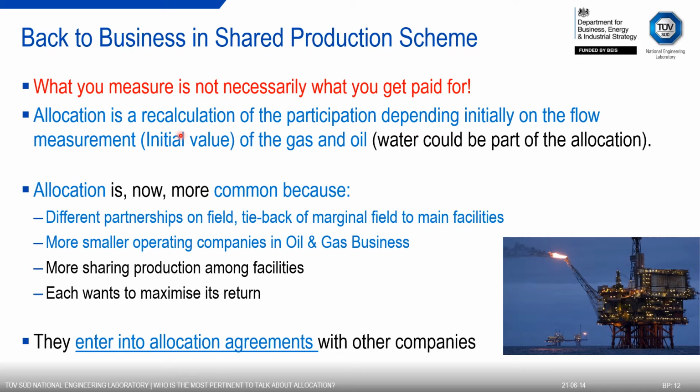It could be because you have different partners, or some tieback of production. Offshore, tiebacks are done very often nowadays because they are cost effective. You may have a marginal field that you want to tie back, or small operators who don't want to develop a full solution with a platform and so on, and they try to tie back this production to another existing platform.